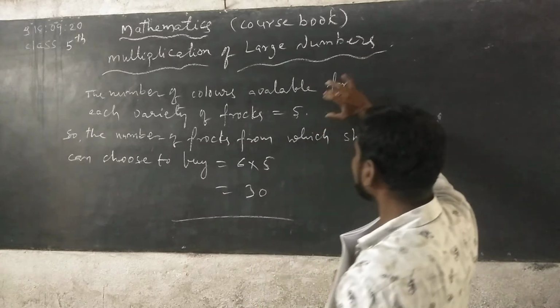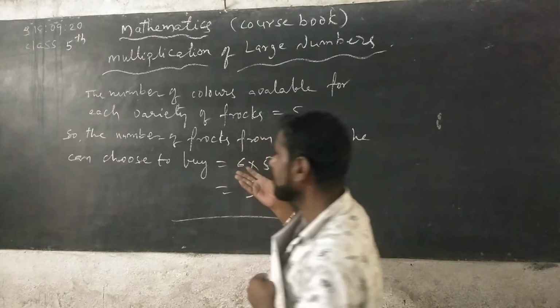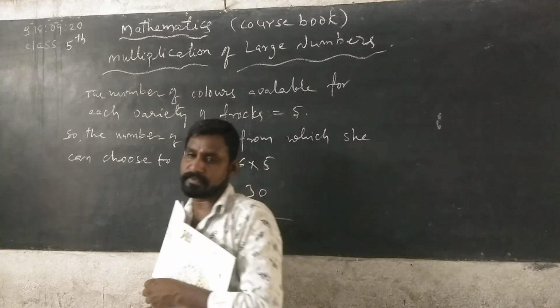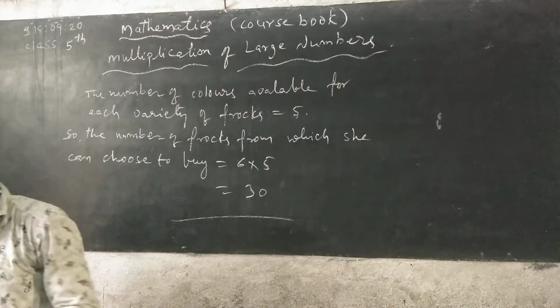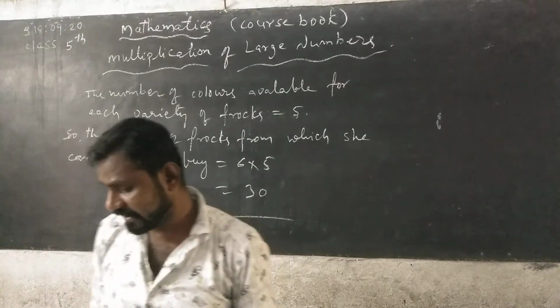See here, the number of colors available is 5. How many frocks are there? 6 types, so 6 into 5 is 30. See here, now next, page number 21.